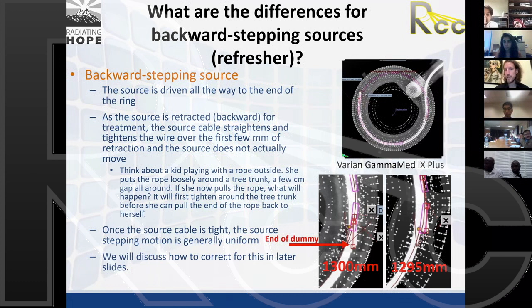So here you see the end of the dummy in the 1300. Here's the end of the dummy in the 1295. A 5 millimeter step size, yet it only moved 2 millimeters backwards. So this is that tightening first without much motion of the actual source itself.